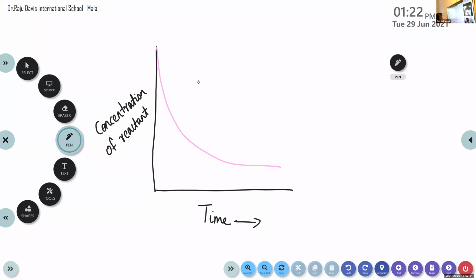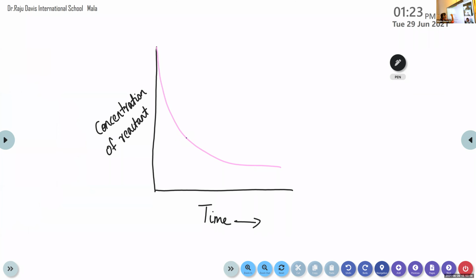Okay. Then here we are just taking the rate of a chemical reaction between any two points, during any two time interval. That means the time interval between two times. We are just considering the average rate between these two times. Here this one is plotted as T2.